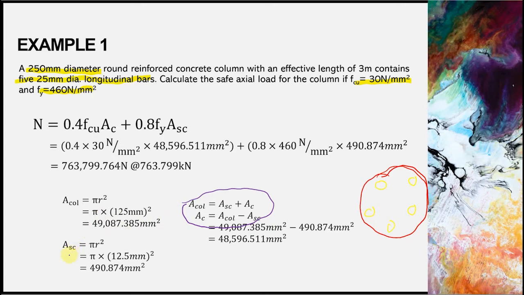Okay, and the same with the area of steel, we're going to use the diameter given, which is 25 mm diameter. So when we want the radius from the diameter, we just divide it by 2, then we're going to get the area for steel.